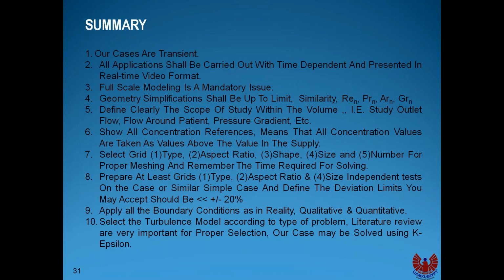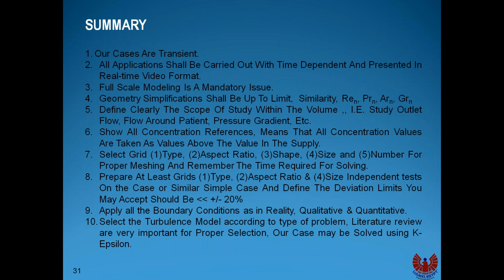You have to define clearly the scope of study within the volume. If you want to study the air coming from the outlet, or the air around the patient, or the air around the doctor, you have to consider this because it will have a great effect on the sizing of the meshing.